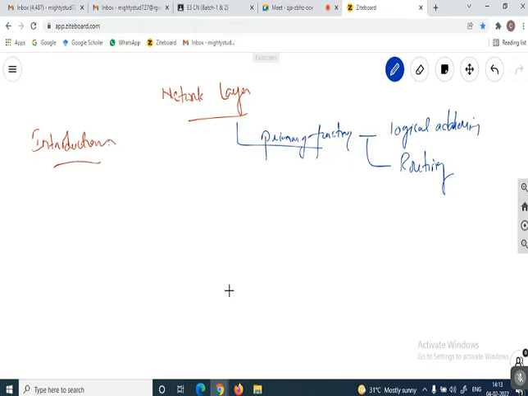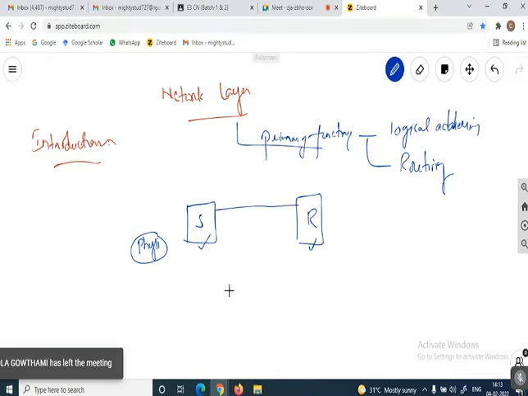Suppose we consider two stations, the source and the receiver. The physical representation of these devices and the data available in the source and receiver stations is taken care of by the physical layer, the first layer in the OSI model. Then, when the two stations communicate, the desired data is transferred in the form of a frame.